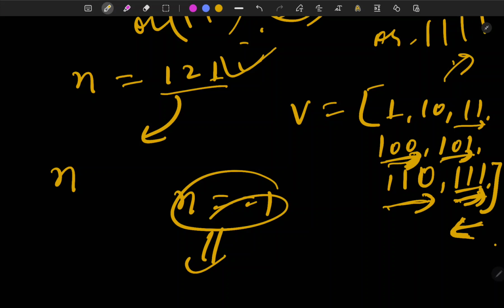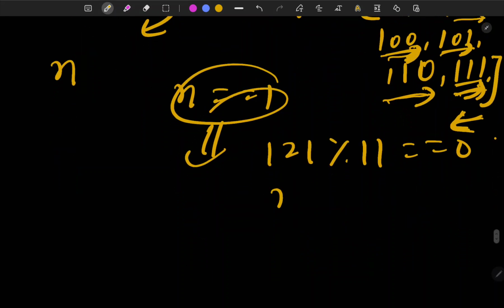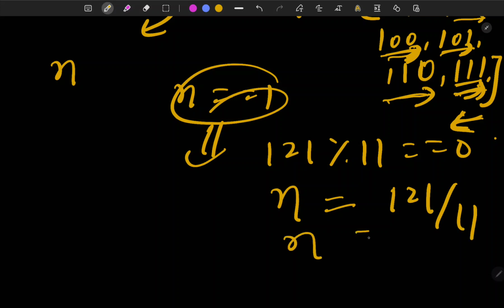Then how many times will it divide? You have to keep dividing it until it becomes indivisible. Like if 1 to 1 is divisible by 11, then it will be this. Then what will our next n be? Our n will be simply this, so n will be 11.